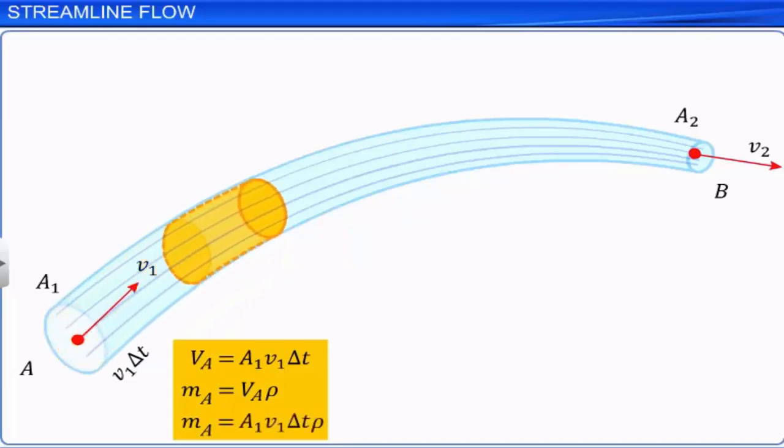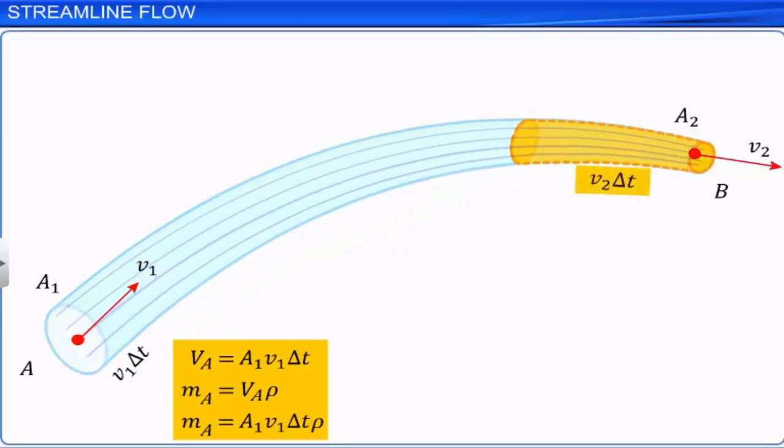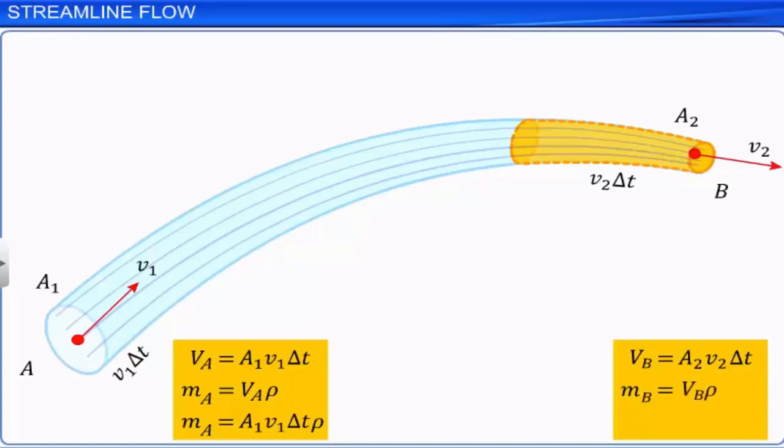Similarly, consider a small cylinder of length V2 delta t at the end B. Then, the volume of the fluid, VB, going out of the tube through the cross-section at B in the same time delta t is A2 V2 delta t. Hence, the mass of the fluid, MB, leaving the tube at B in the same time delta t is A2 V2 delta t ρ.